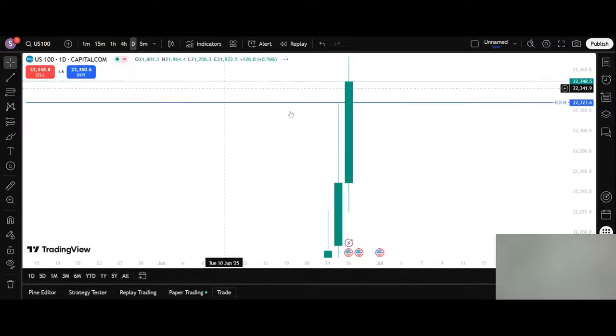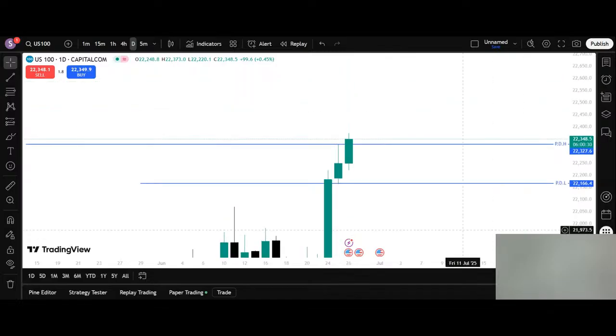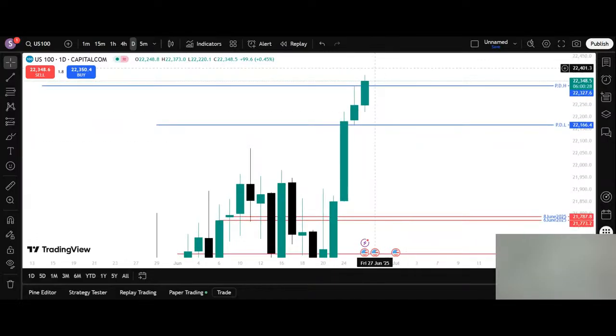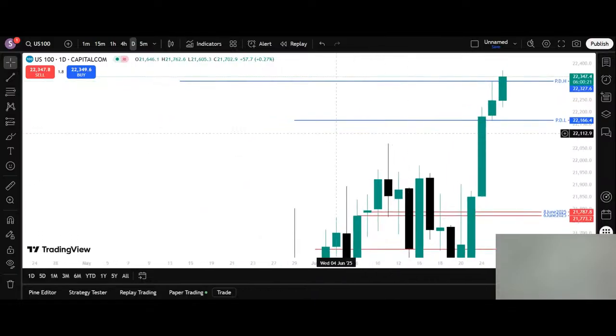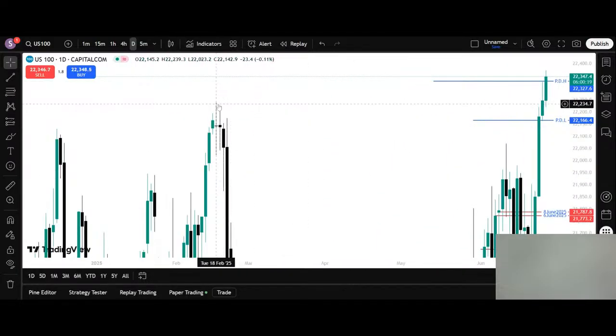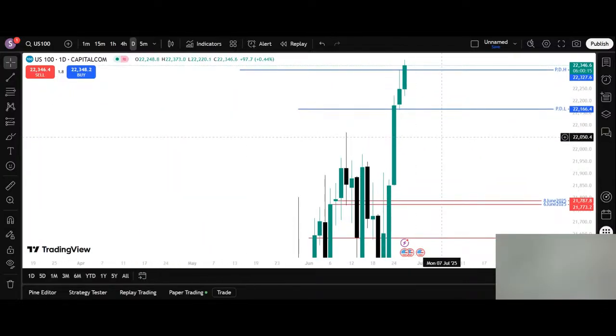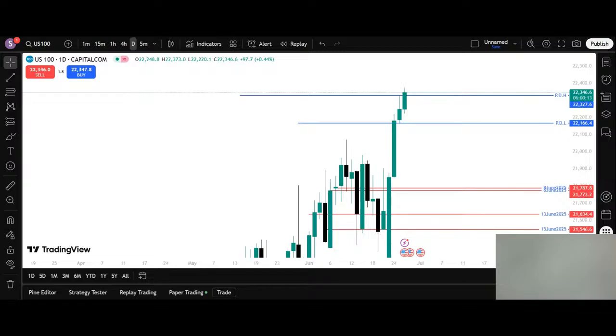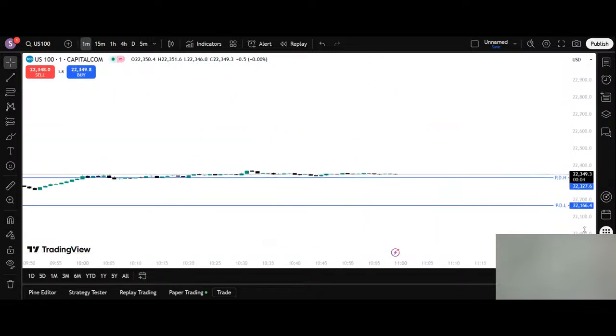I don't think price is gonna pump that much according to the daily time frame. It might go up a little, but I think it's gonna retrace down to this bullish FVG. Price has taken a lot of buy side liquidity, so the probability of it retracing is very high, and trading is a game of probabilities.